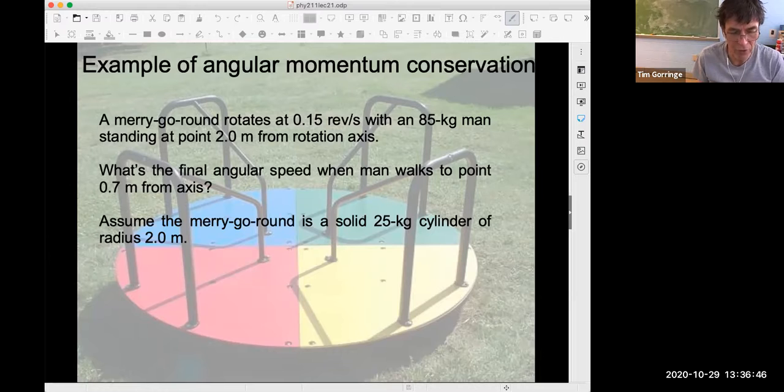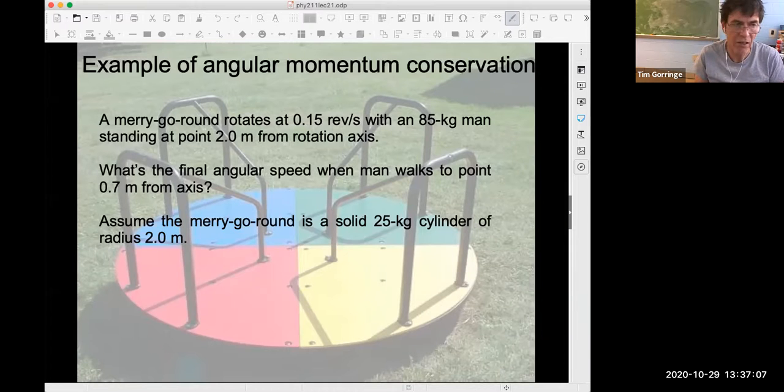I have no idea what this man is doing on this merry-go-round, but anyway, he's going to walk from 2 meters from the center to 0.7 meters from the center, and we're going to figure out how the speed of the merry-go-round changes. We know it initially, we want to find out the final speed.